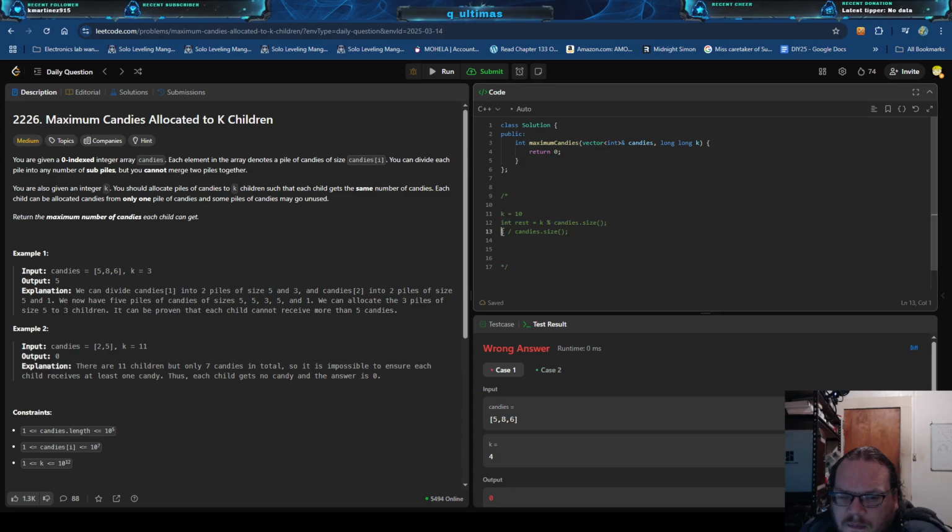Okay, int div. So 3 divided by 3 is equal to 1. We divide them all by 1 and take the minimum of the third one.